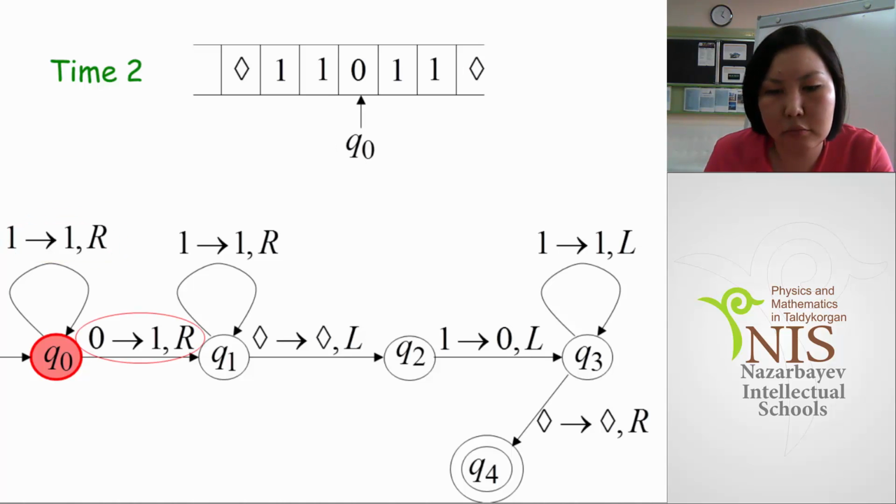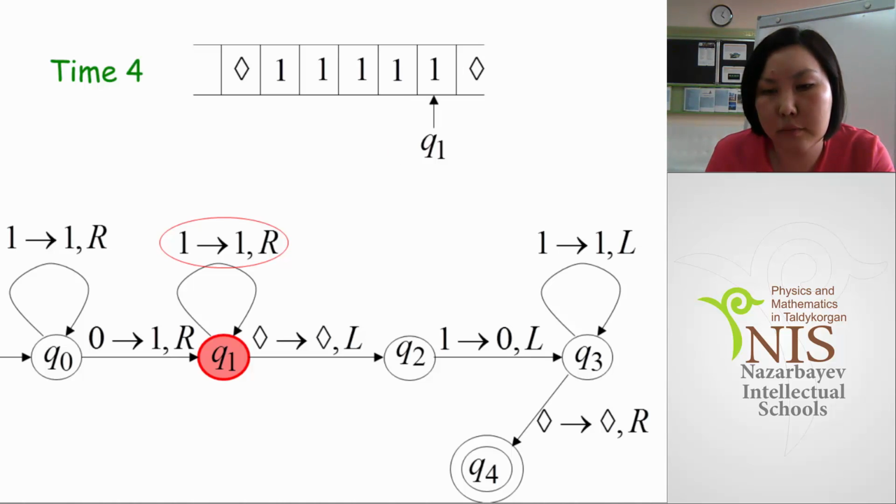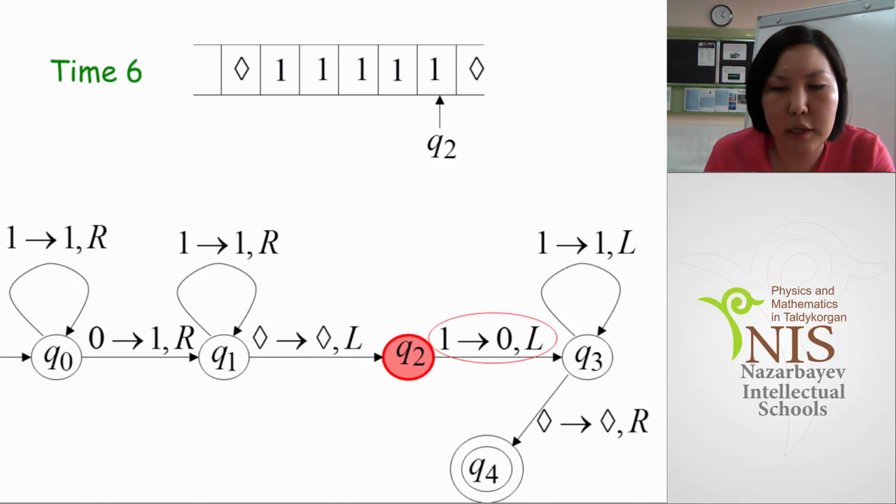The same thing. When it sees 0, it has to change it to 1 and go right. In state Q1, when it sees 1, it leaves 1 and goes right. We came to blank.